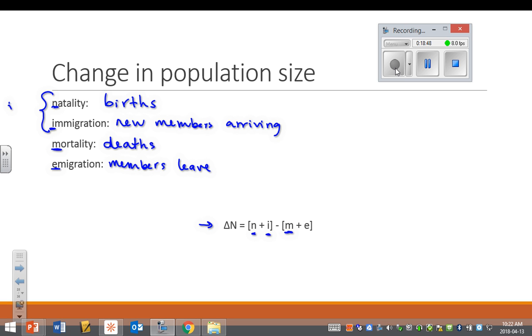So these 2 factors increase, and these 2 factors decrease a population. So what I did was put them into the formula that's on your data sheet. So we're going to take the things that increase minus the things that decrease.